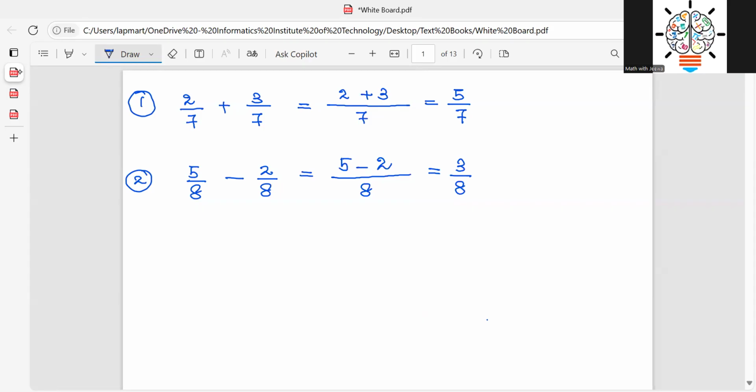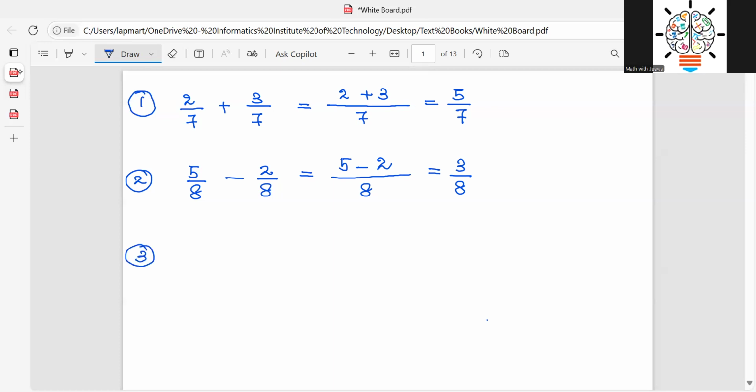If you have different denominators, you want to have the same denominator. So how are we going to have the same denominator? You get the lowest common multiple, or LCM, of the denominator values. I'll show you an example.